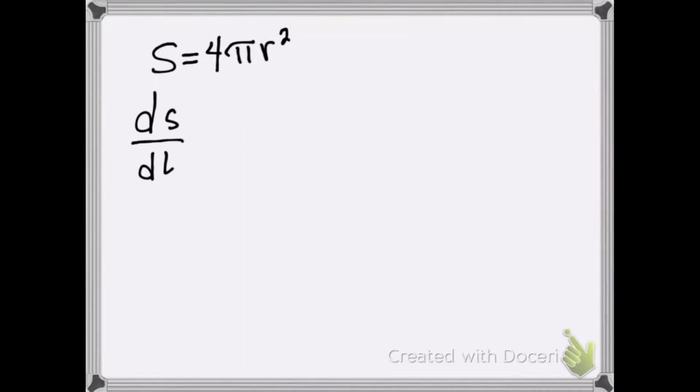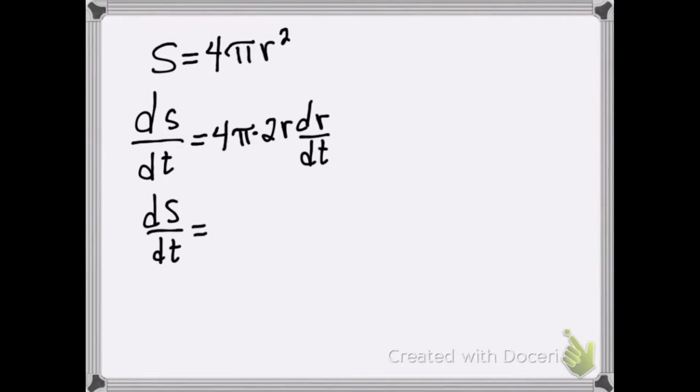So we have dS/dt, which is the rate at which the surface area is changing, equal to 4 pi multiplied by the derivative of r squared, so that's times 2 times r times dr/dt. And so multiplying this out, we get dS/dt is equal to 8 pi times r times dr/dt.